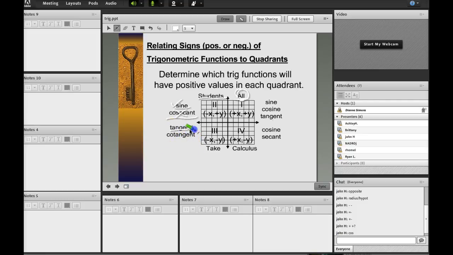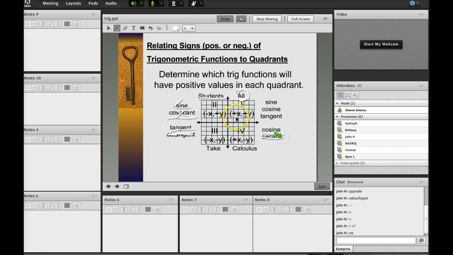Third quadrant, tangent is positive. What's negative? Cosine and sine. What about in the fourth quadrant? What things are positive in the fourth quadrant?